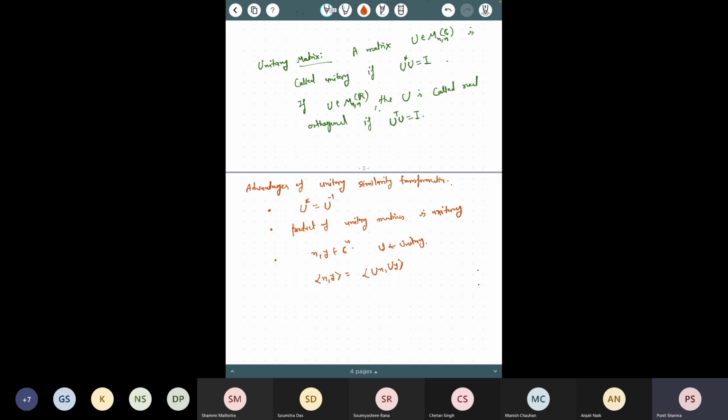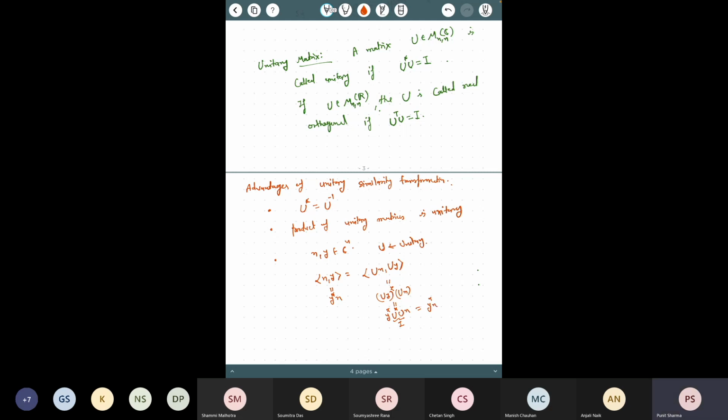What is the angle between x and y? It is y star x, that means the inner product of x and y with respect to the standard inner product. And here also it would be (Uy) star Ux, but that is nothing but y star U star Ux, and U star U is identity, so it is just y star x.